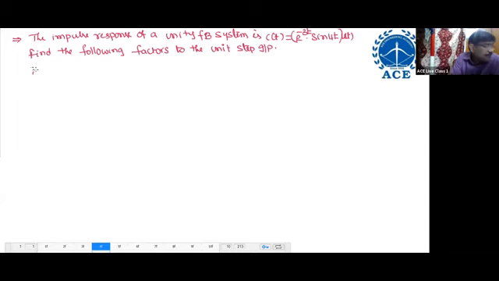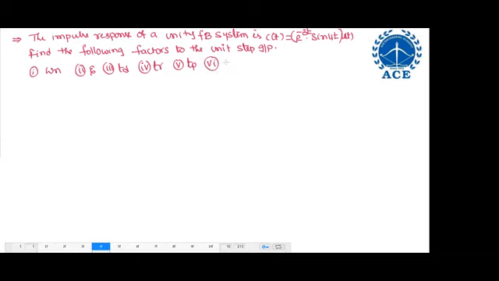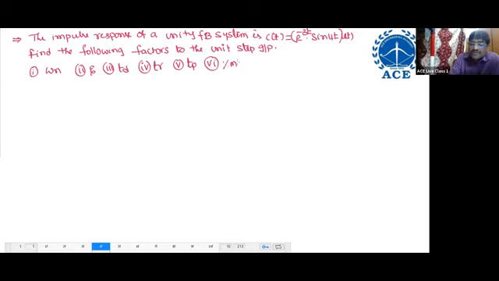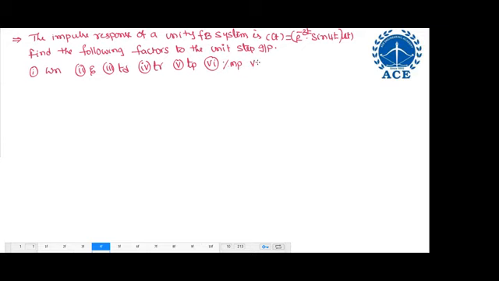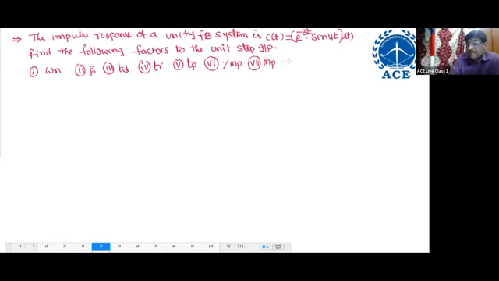First one, find omega n. Second one, zeta. Third one, delay time. Fourth one, rise time. Fifth one, peak time. Sixth one, percentage of peak overshoot. Seventh one, peak overshoot. Eighth one, peak value of the response.